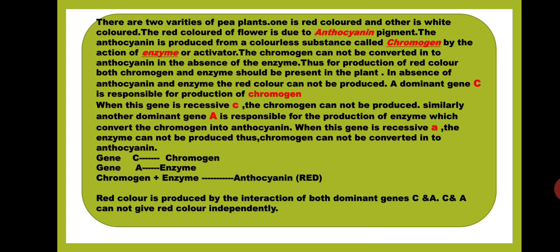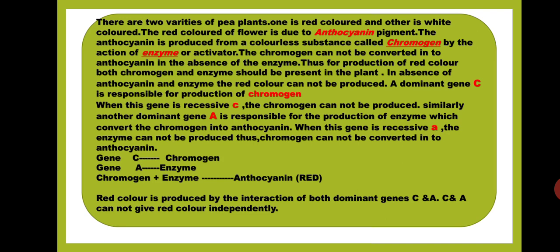Then the explanation of that: there are two varieties of pea plants, one red colored and the other white colored. The red color of the flower is due to anthocyanin pigment. The anthocyanin is produced from a colorless substance called chromogen by the action of an enzyme or activator.